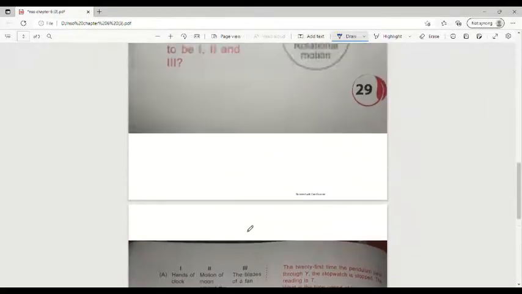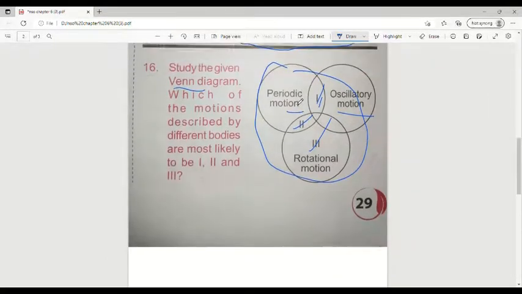Second is the hands of a clock. The second region is periodic motion as well as rotational motion. The hands of a clock show periodic motion as they cover equal distances in equal intervals of time. Also, it is a rotational motion because the hands of the clock rotate around a fixed axis.